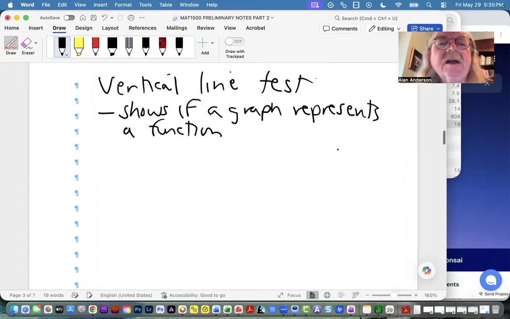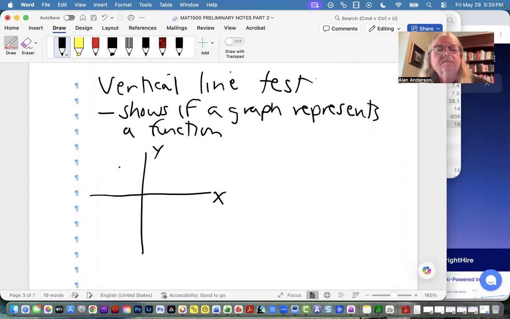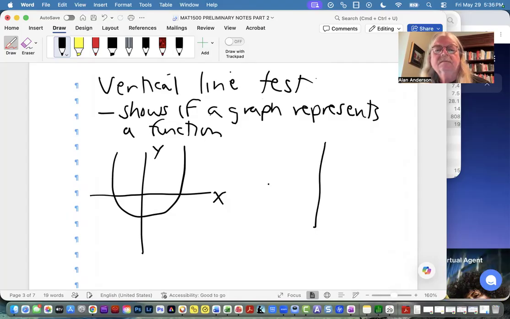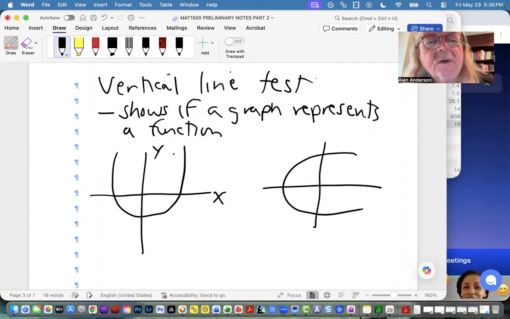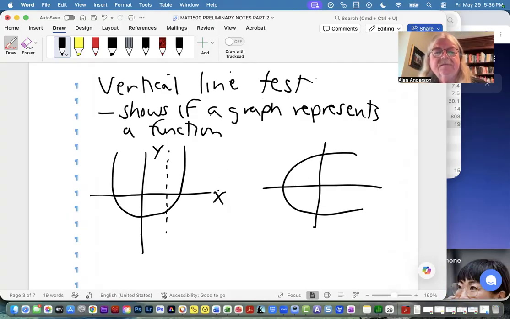Let me just show you two possible cases. The one on the left, if you drew any vertical line that you choose, it does not touch the graph more than once. But over here it does.